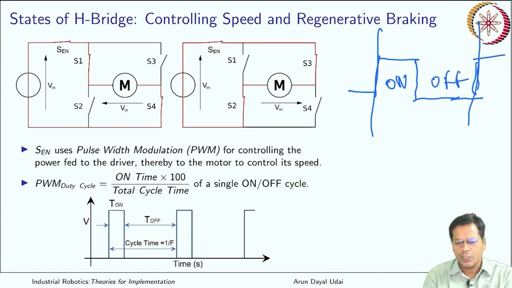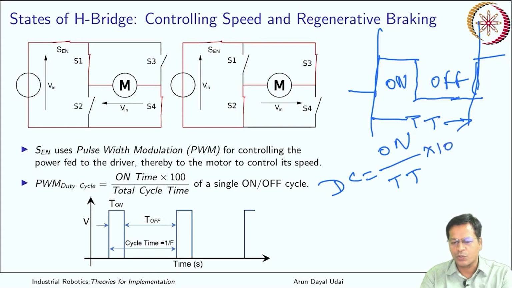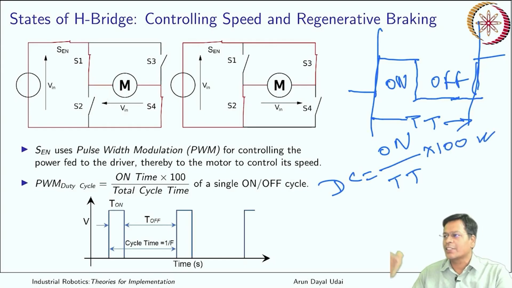So total on time by total time is the duty cycle of the PWM waveform. It is expressed as a percentage, so you just multiply it with 100, and that is the percentage duty cycle.